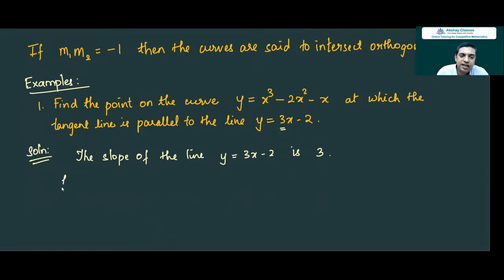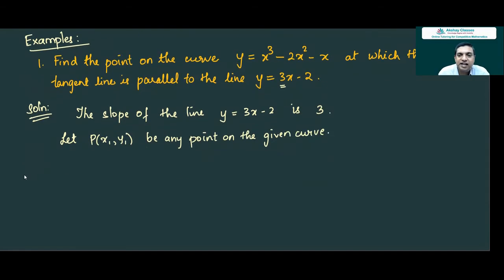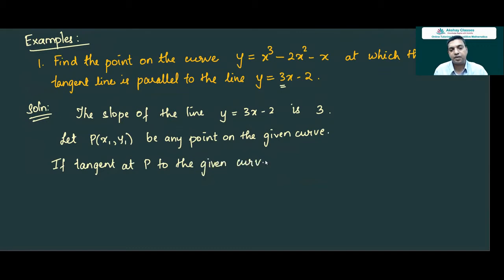Now, let P (x1, y1) be any point on the given curve. Now, if tangent at P to the curve is parallel to the given line, then what?